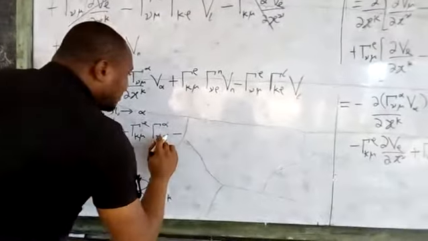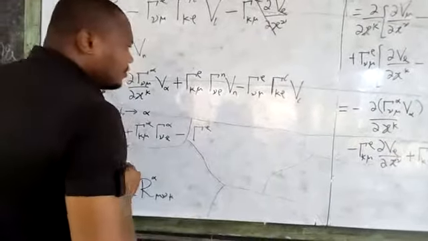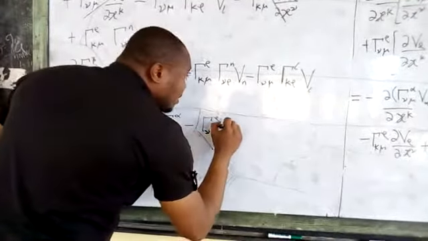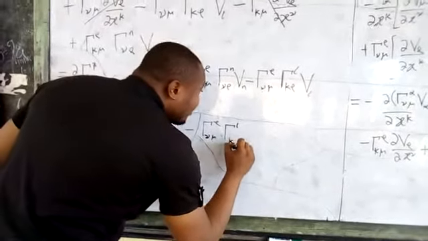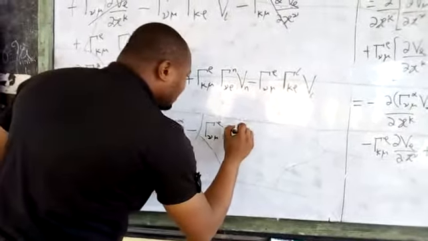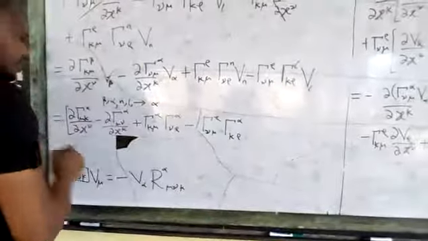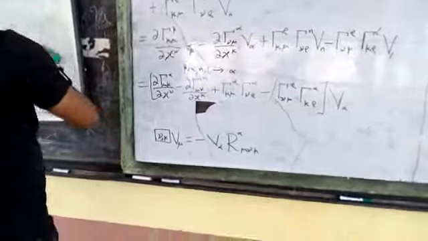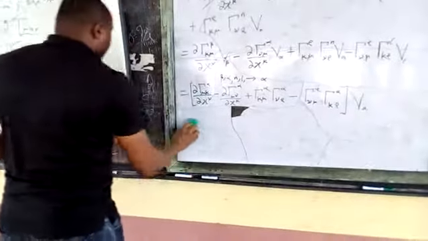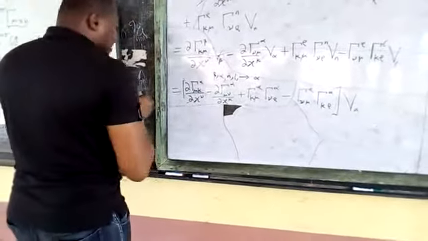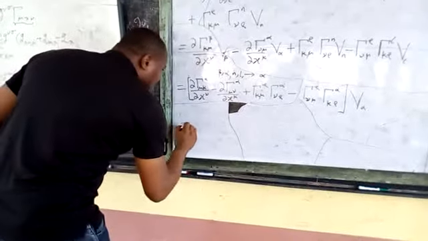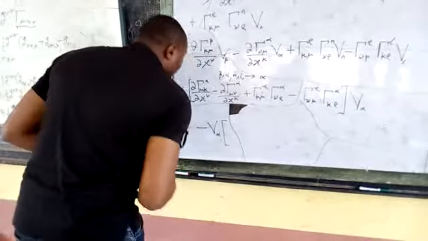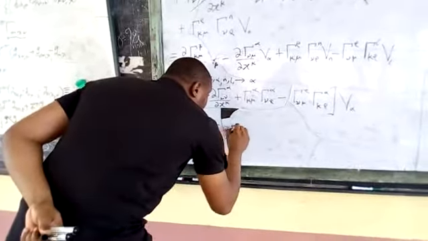Next, this will be minus gamma rho, nu mu, gamma iota, k rho. Nope, not iota anymore, alpha. All these have been changed to alpha, so I can pull out v sub alpha. And finally, this is all the same as, if I pull out the minus sign and write my v sub alpha all over again, what I have will be this.